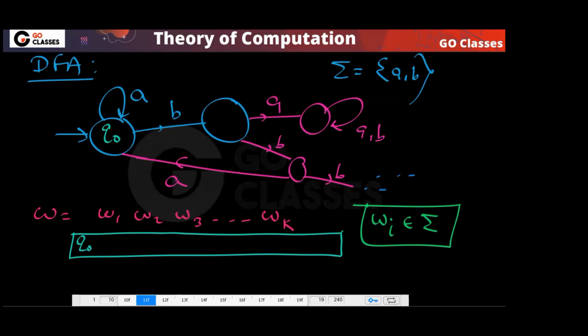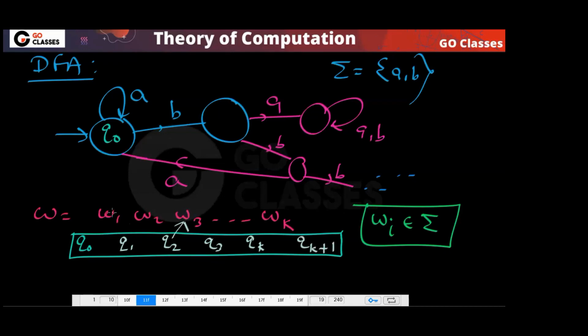And on every symbol, what will happen? On this symbol, DFA will go to some state, exactly one state. Finally, I can say that DFA will go to exactly one state.